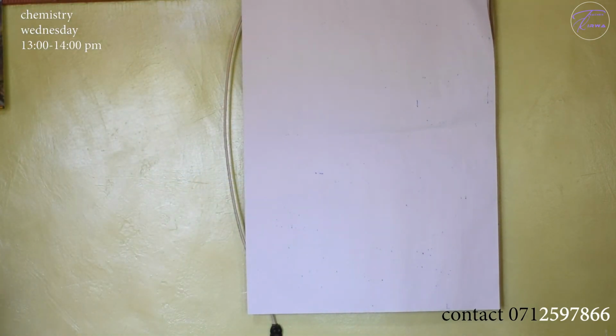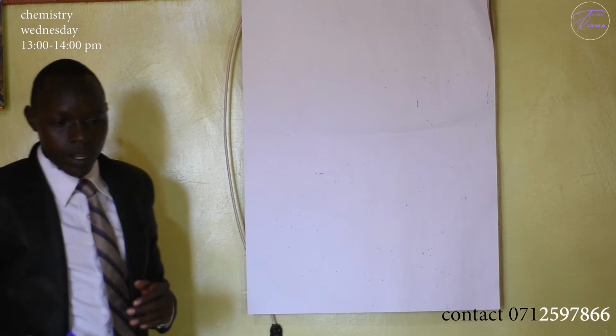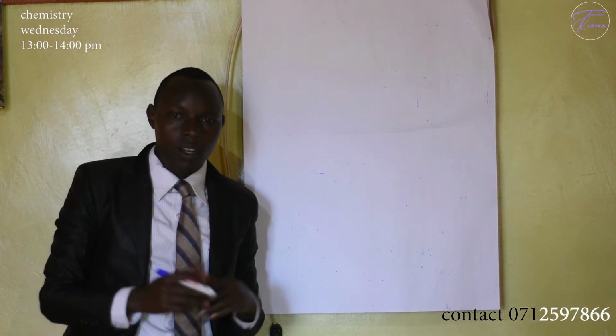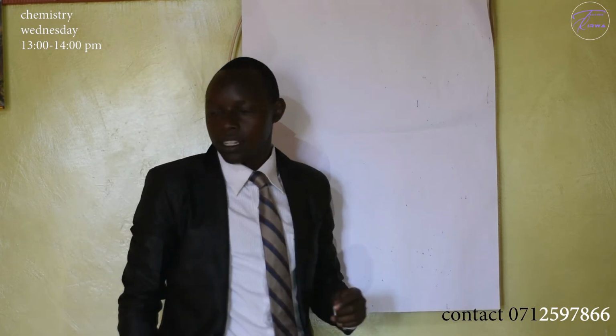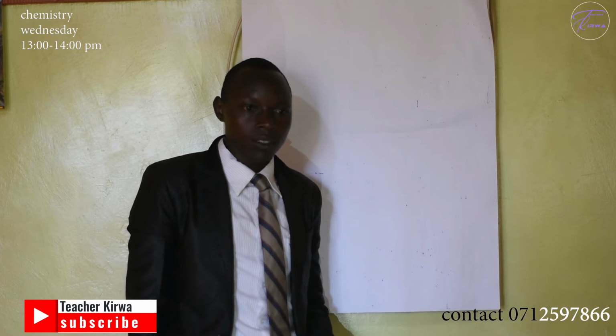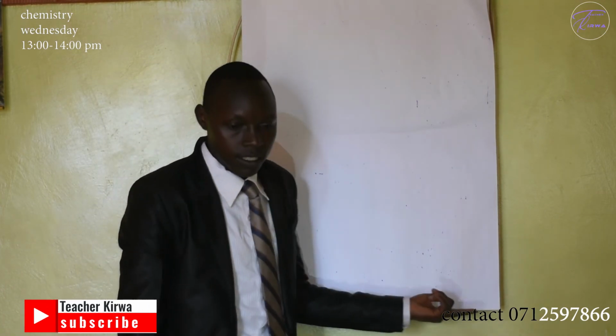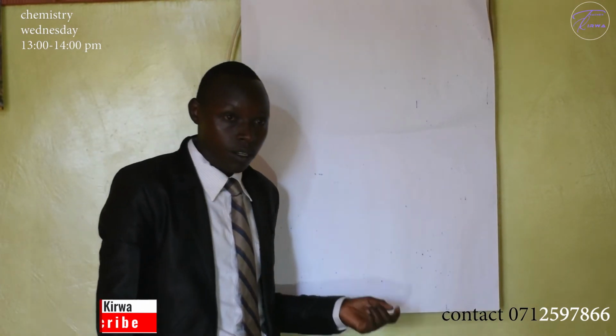Self-addition reaction. Now, when we look at organic chemistry 2, we will look at another type of polymerization. So basically there are two types of polymerization. We have addition polymerization and condensation polymerization.